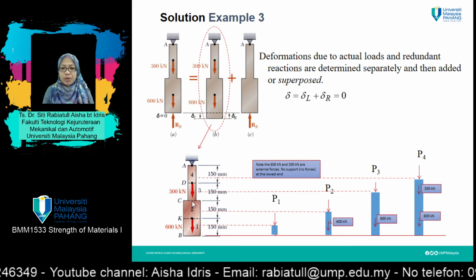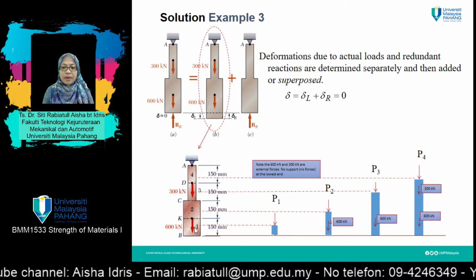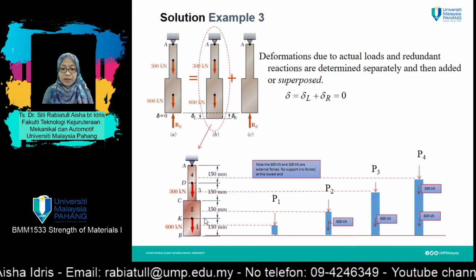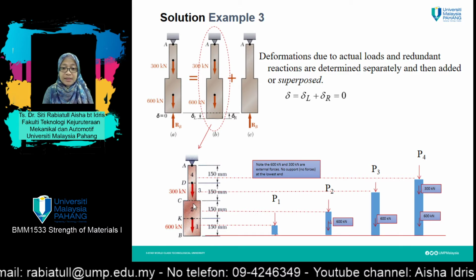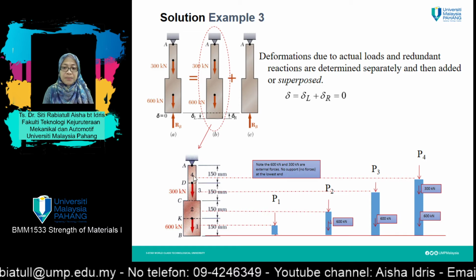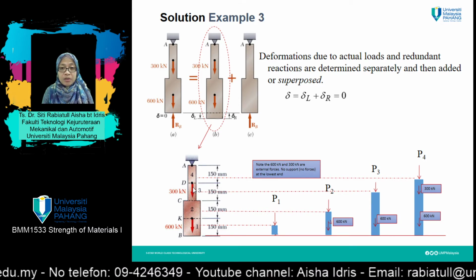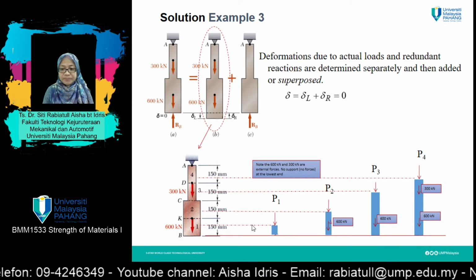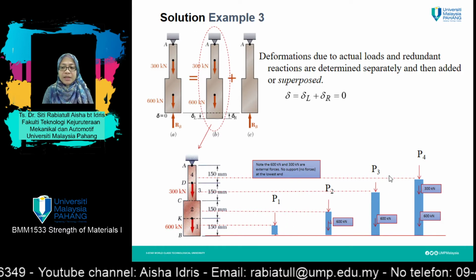If we look at this figure here, this is section 1, and then section 2, because there are changes in sizes here, so this is section 3. After that, we have an external force here, therefore this one is section 4. From there, draw a free body diagram for each section.